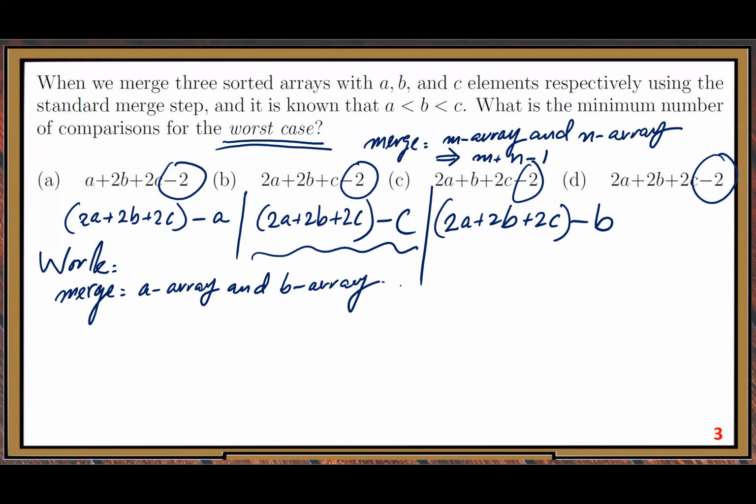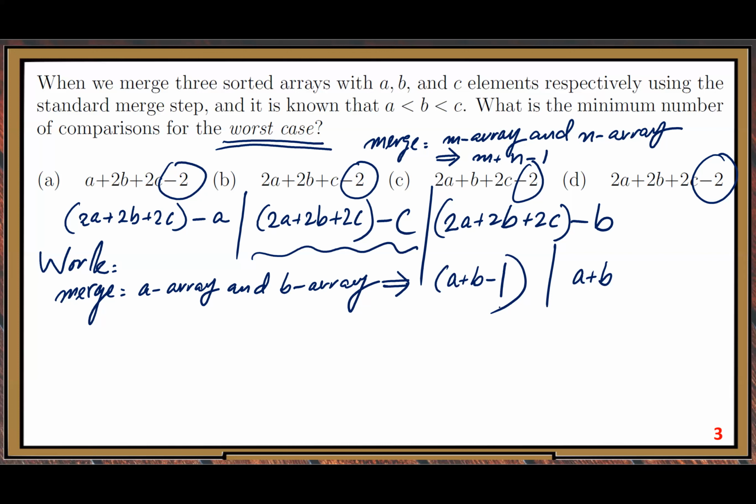So we get, by the formula, number of comparisons, A plus B minus 1. The number of elements, A plus B. Sorry, minus 1, not minus C. Yeah, minus 1.